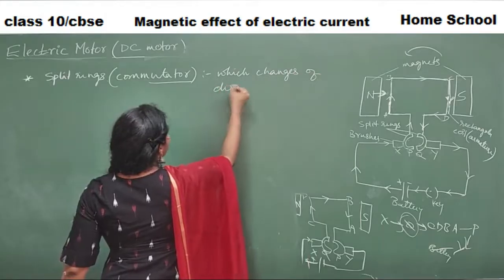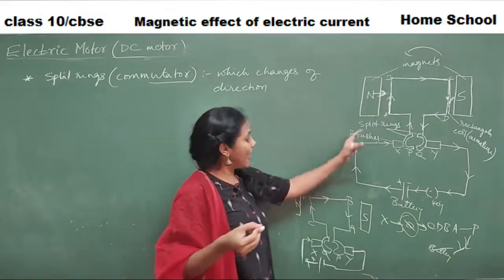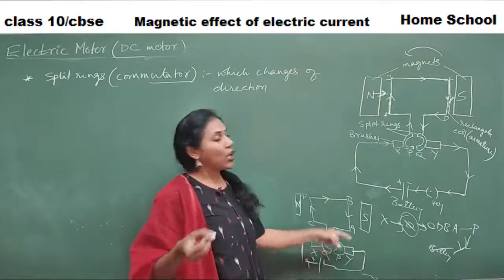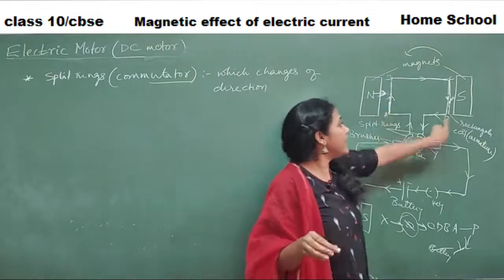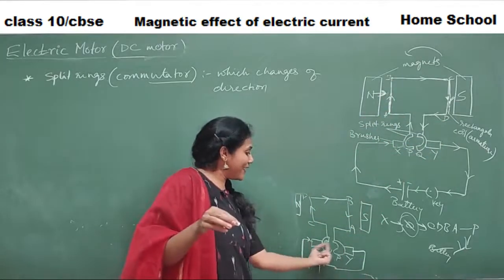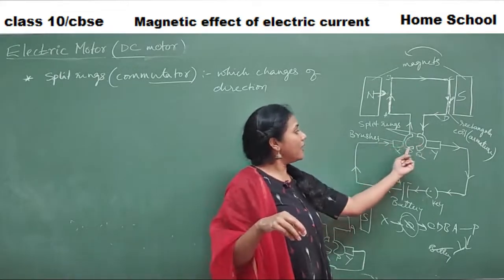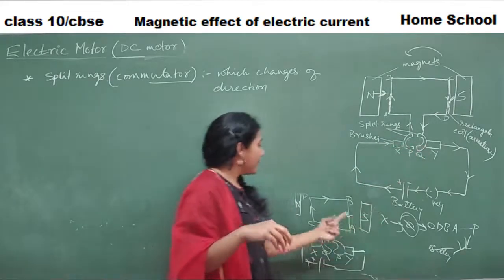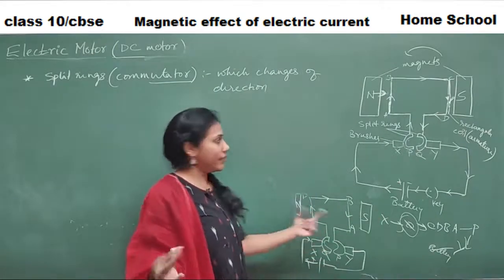Because of the exchange in the position of the split rings, the direction of current in the coil changed. Previously the direction was A, B, C, D, but now since the split rings' position has changed, this has come here and this has gone here, right? Because of that, now the direction of current is C, D, B, A, right?